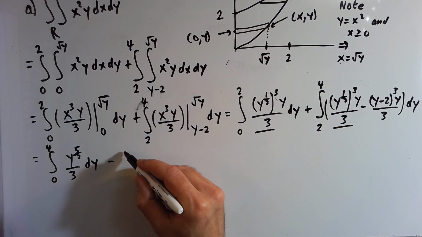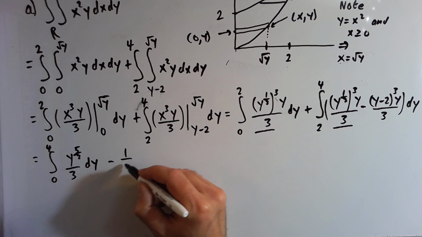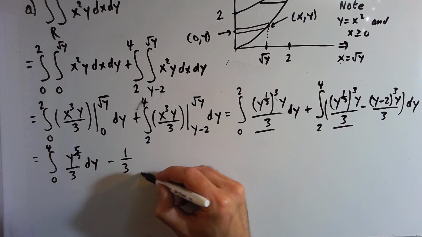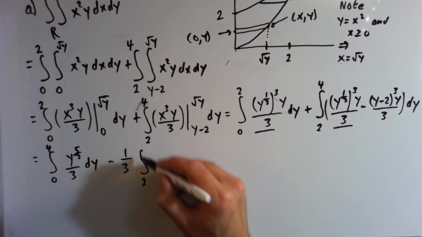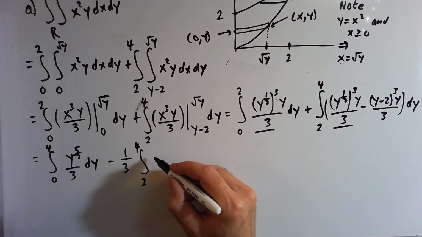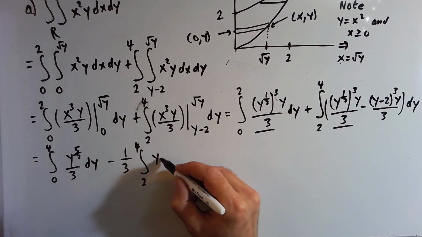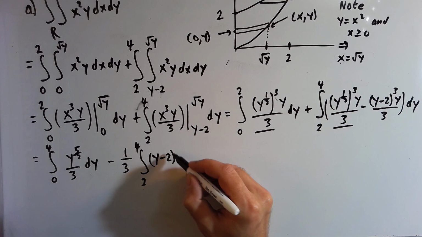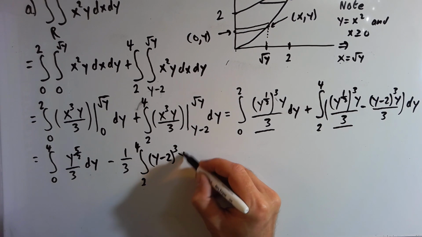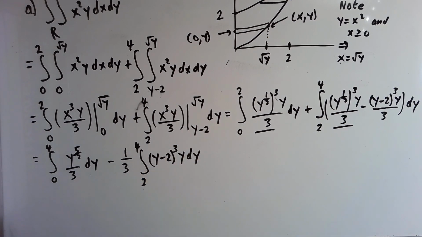And we still have this one distributing, and it will be minus. I'm going to pull out the 1/3. So it'll be integral 2 to 4 of y minus 2 cubed y dy. So instead of cubing y minus 2, I'm going to make a u substitution.